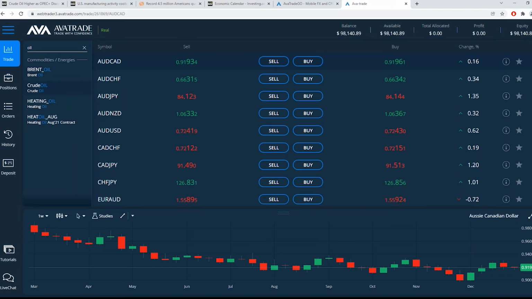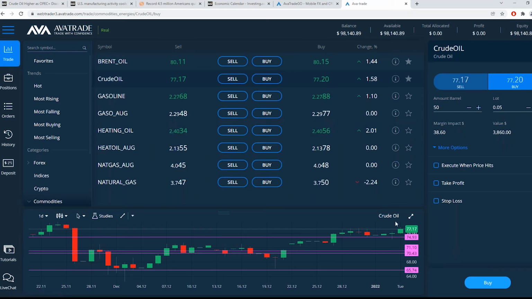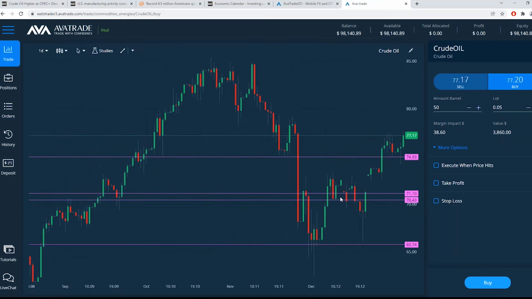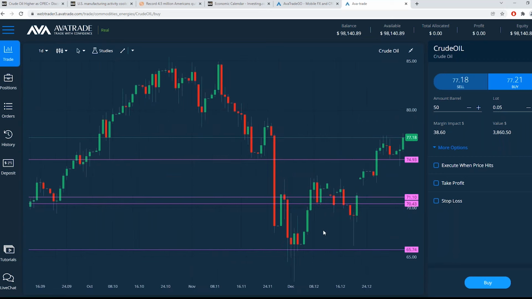We've got heating oil, and we even have futures contracts on some of these commodities as well. Let's do just standard crude oil here and expand the chart. And what we can see as we look at the various candles, this is a one-day candle chart. And you can see that there's been an uptrend for the past weeks.